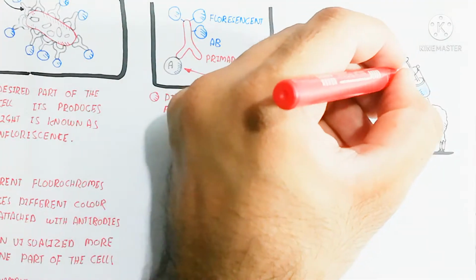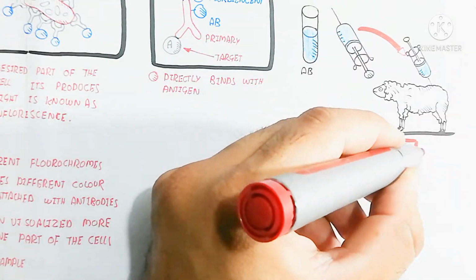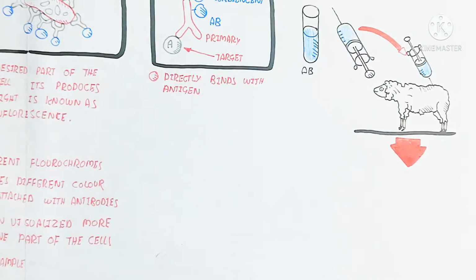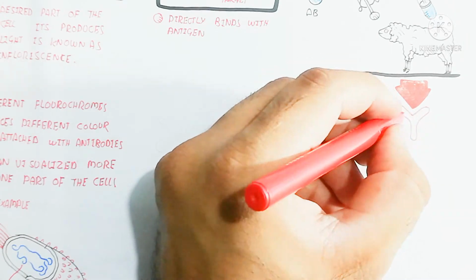So this antibody is called an antigen for that animal, and the animal will produce antibodies again against these antibodies.